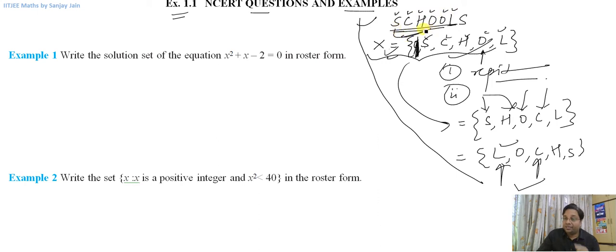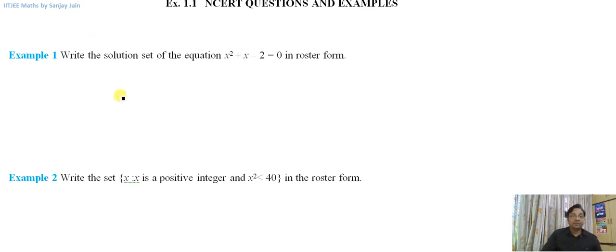These are the given elements that I had to use to form this set. So when I am given the capital letters, I can very well use them inside the brackets. It is not wrong to use capital letters inside it, but it is not a convention, or generally we don't do that. Okay, so let us start with the exercise.